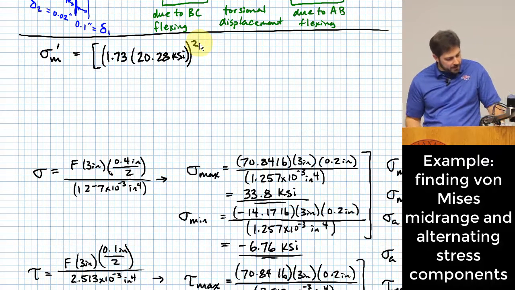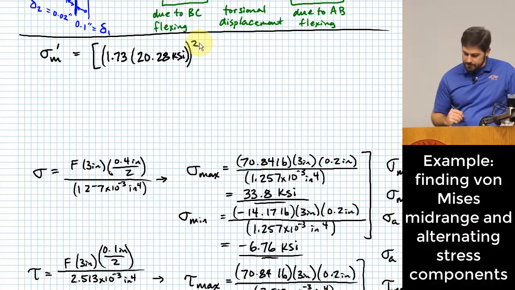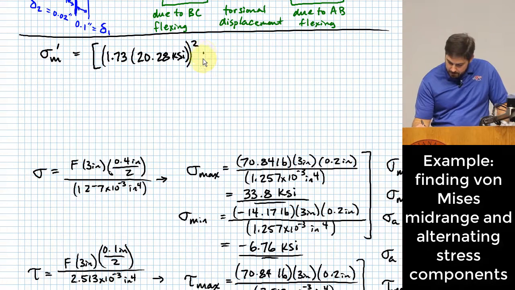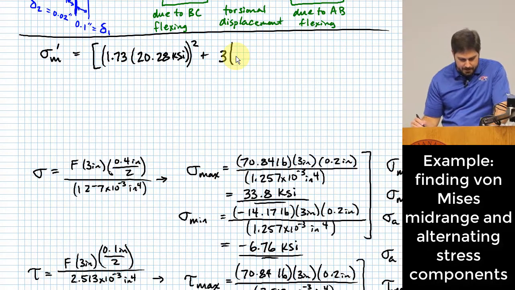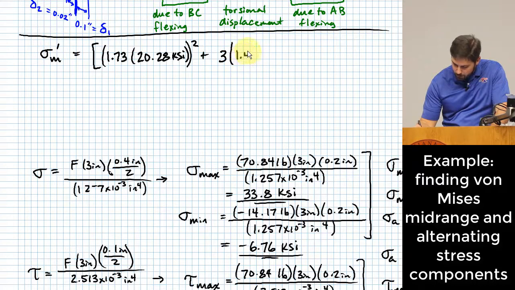Okay, we can ignore the axial component. I've kind of already done that. Plus 3 times, that's part of our von Mises stress calculation, 3 times our K sub Fs. K sub Fs, remember, was 1.452.